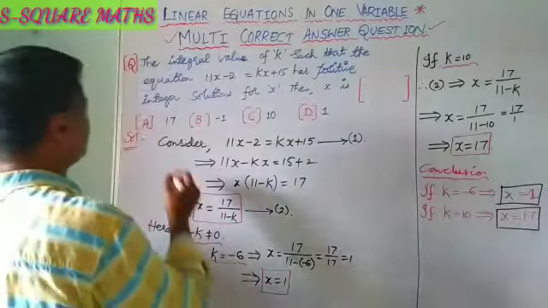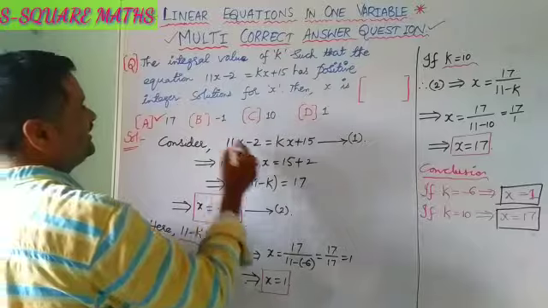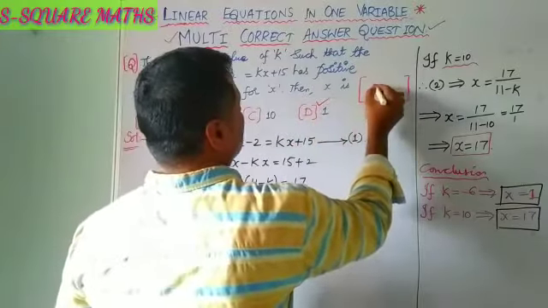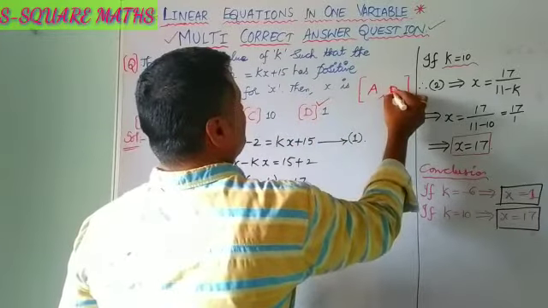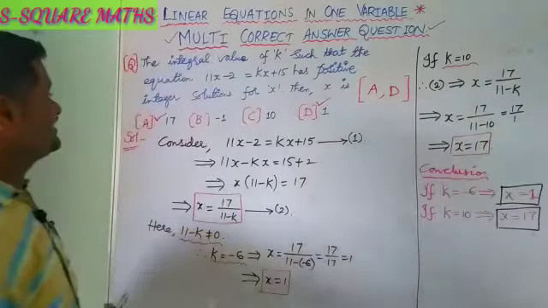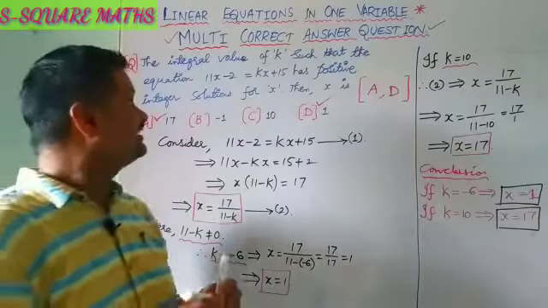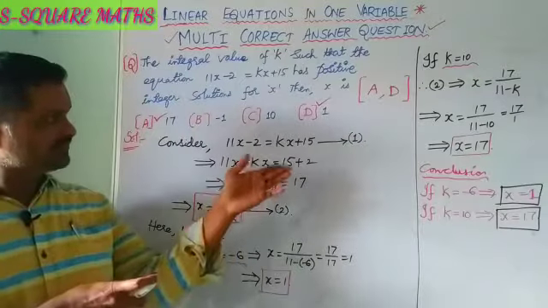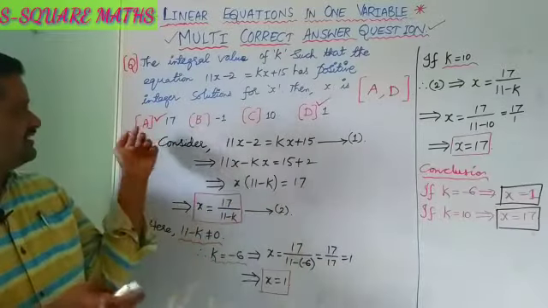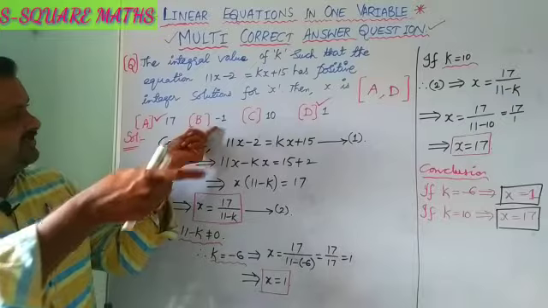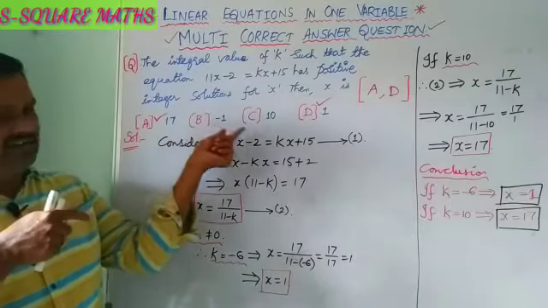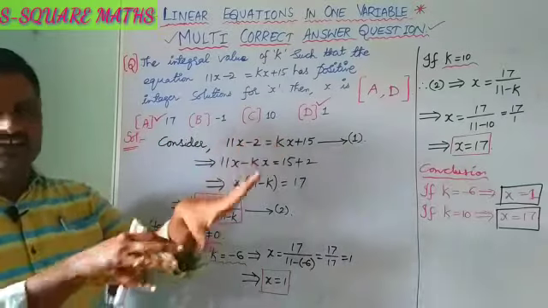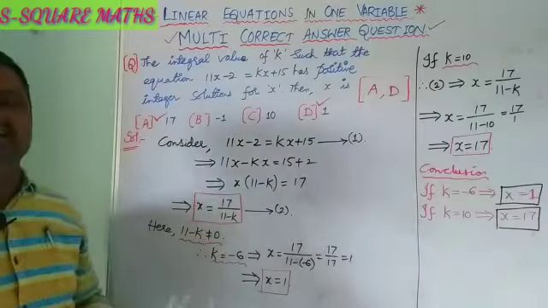These stand for options A and D. So A comma D. In this way it is a multi-correct answer question, and in this way we can narrow down the options. If you choose at least B or at least C apart from A and D, your answer is treated as wrong.